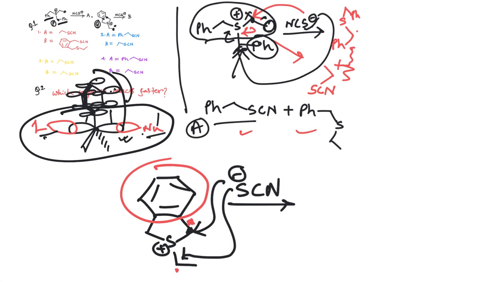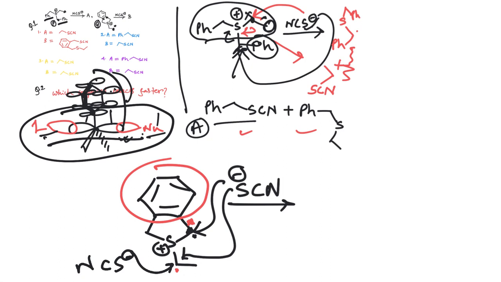On the other hand, if SCN attacks over here, then linearity is attained in the transition state, although there is no pi stabilizing group. But this linearity cannot be there in case of attack on this side, and that's why that transition state is somehow strained.